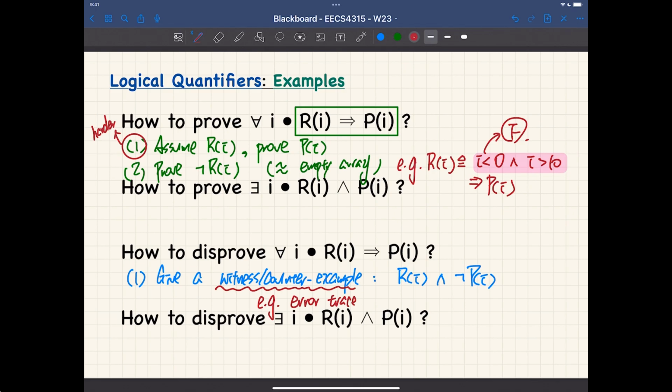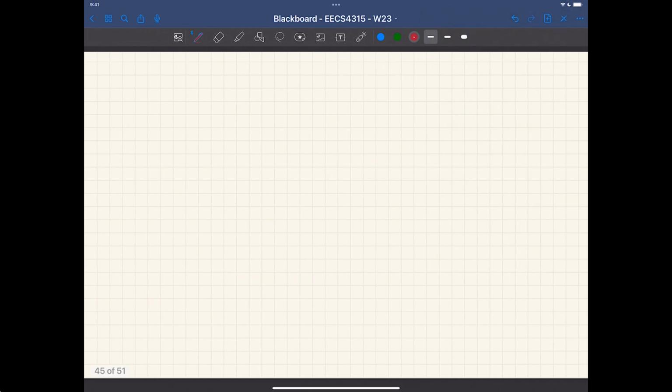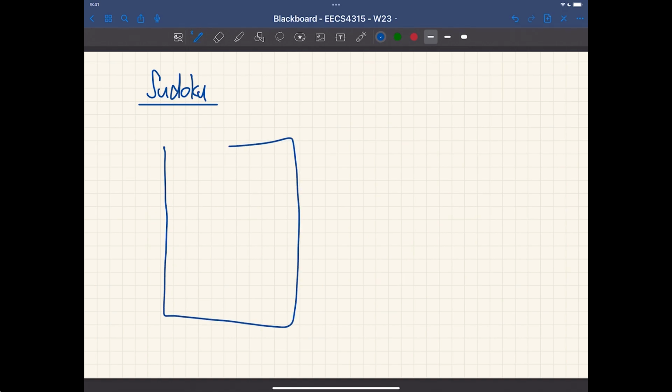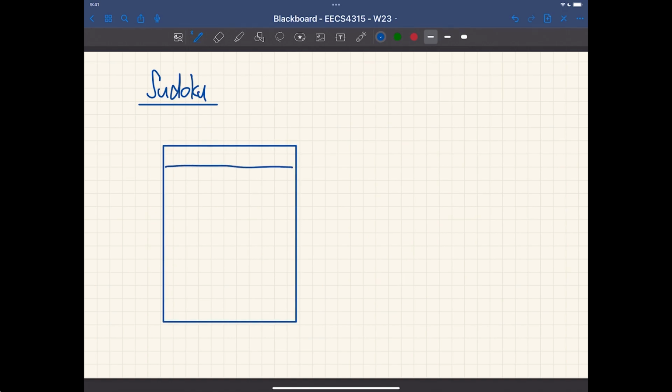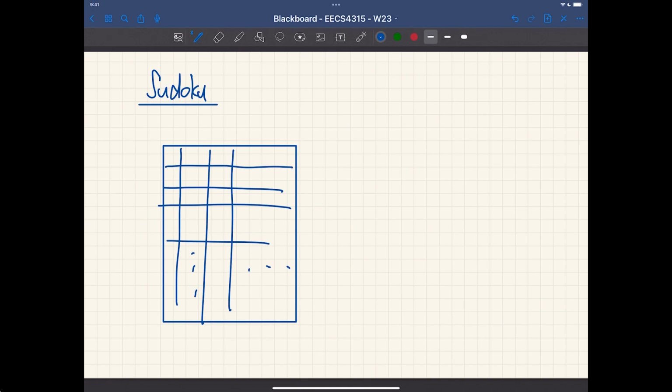I'll give you one example right away. Do you guys know about the puzzle game called Sudoku? Okay, in case you don't know. I believe it's something like this, maybe 9 times 9. You've got basically different squares, and some numbers might be filled in, and there will be some numbers left blank.